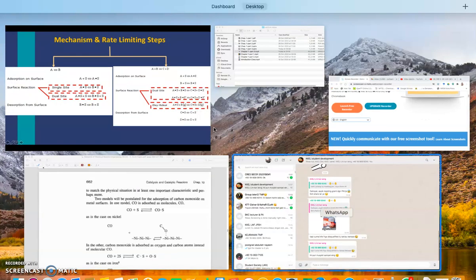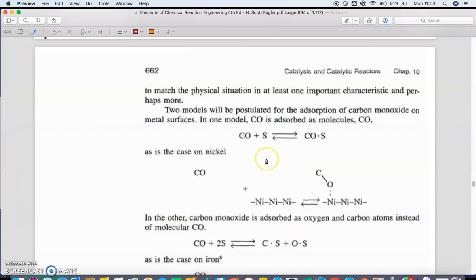Let's have a look at your textbook for this example. Let's consider carbon monoxide on a metal surface as catalyst. So CO is the reactant and this is the catalyst active site. So it will be CO plus S, CO dot S. It can be described using two models.